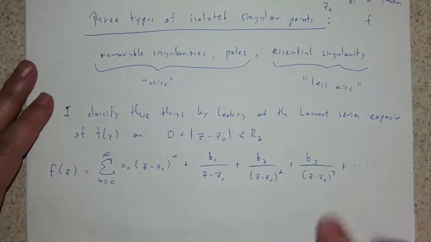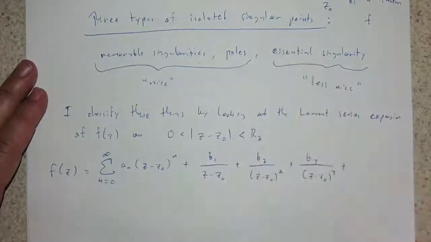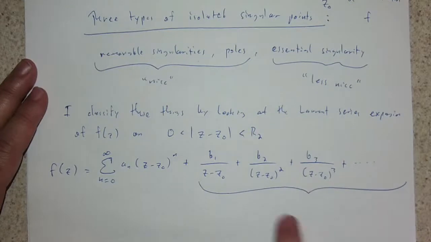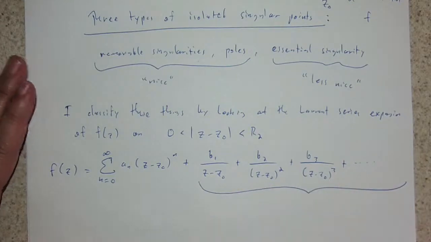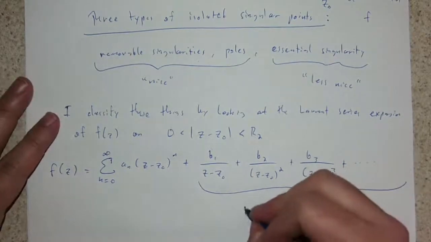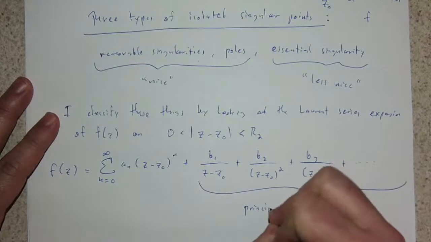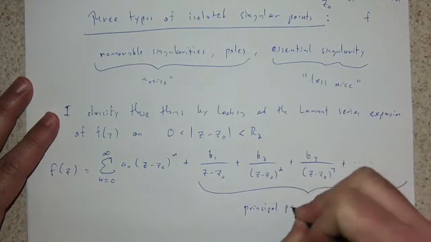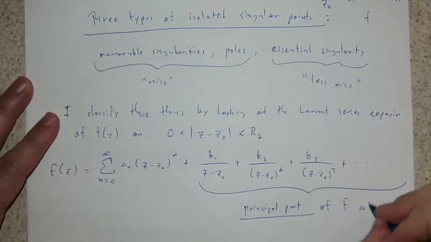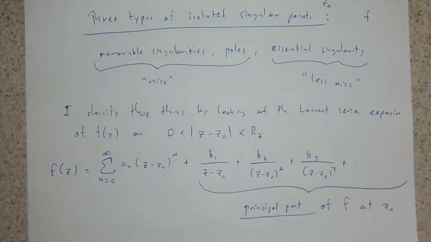Now, in order to classify which of these occurs at a given singular point, we look at the part involving just the negative powers. This is called the principal part of f at z naught.